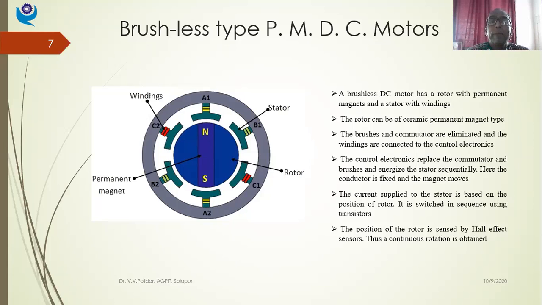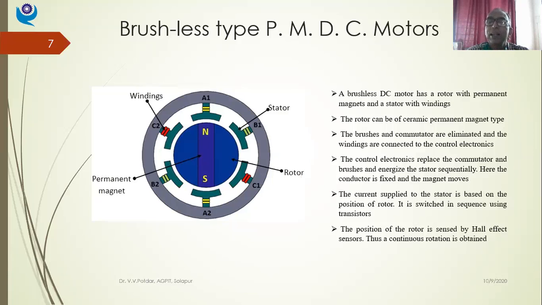What I'm doing is energizing the stator windings sequentially. So A1, A2 first, B1, B2 second, C1, C2 next. So indirectly I'm developing a rotating field, so to say. And because of this rotating field, this permanent magnet rotor also rotates along with it. And the rotor starts rotating, right?